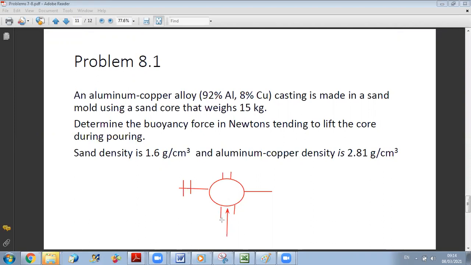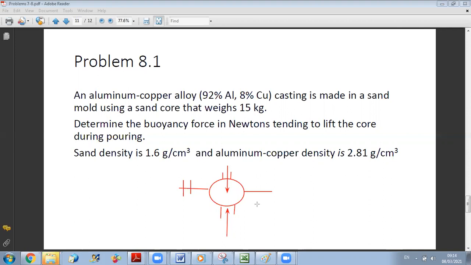Why? Before pouring, before you have your fluid filling your cavity, the weight of the core will tend to move it down. So you should have chaplets on the lower level to oppose weight.